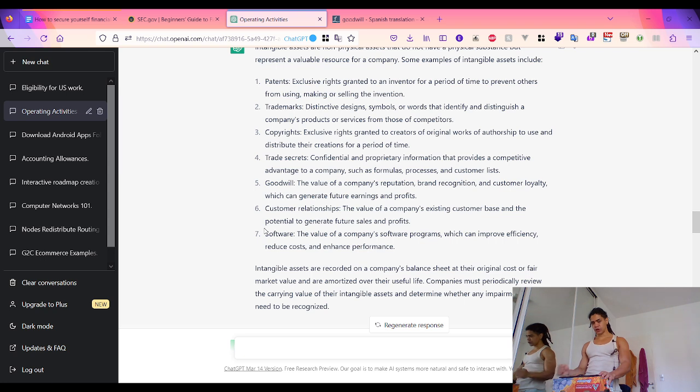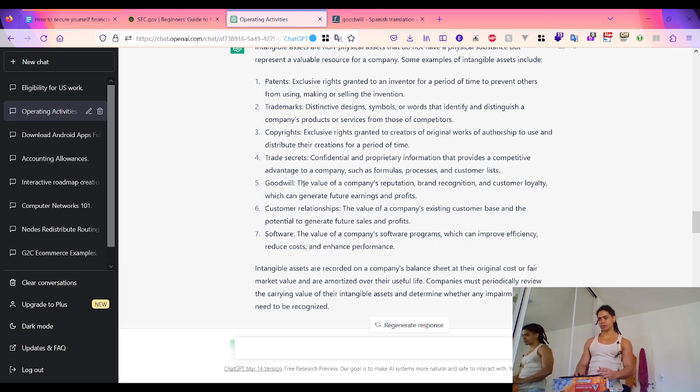So all of these are intangible assets. You have patents, trademarks, copyrights, trade secrets, confidential and proprietary data that provide a competitive advantage to the company, such as formulas, processes, and customer lists.